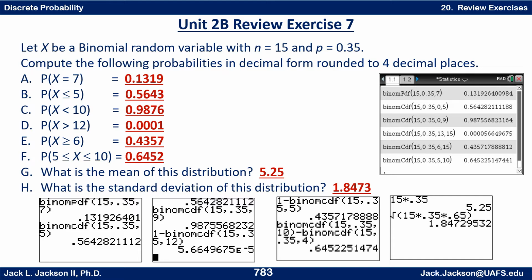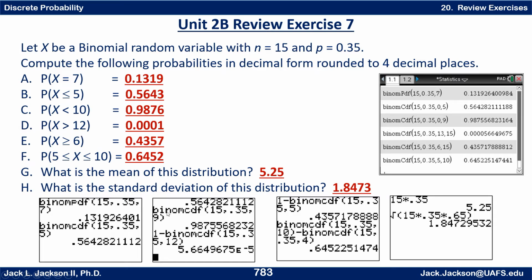Distributions is written above that. Then you choose binomial from that list. BinomCDF, I happen to know, is B. So if you know that, you can just do alpha B, and then that will come up directly in your list, or you can just use the up and down arrows till you find it. All right, so anyway, that turns out to be 0.9876.